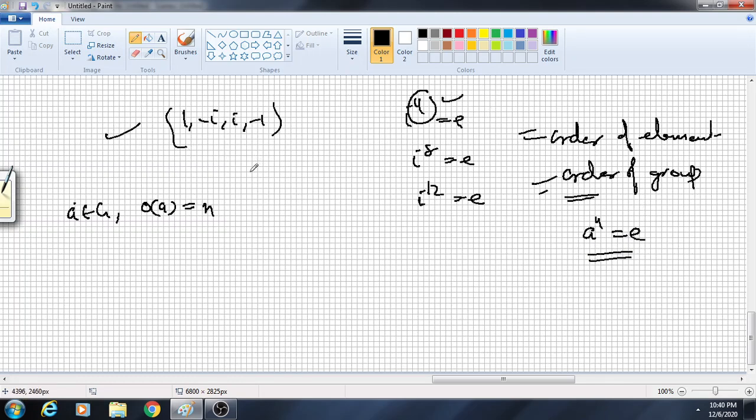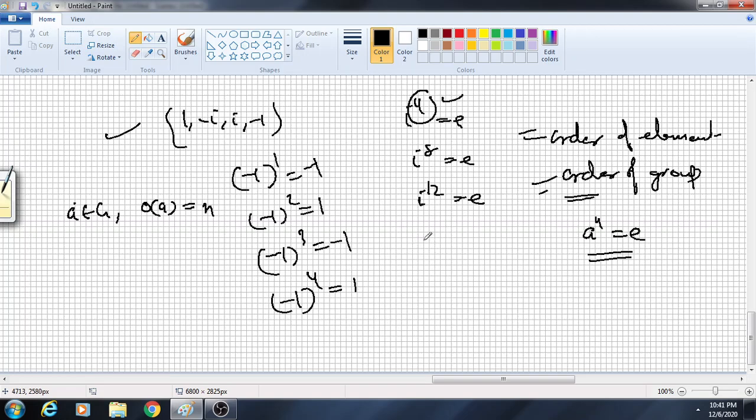In this set, here also we are going to introduce the concept of the order of an element. When I consider minus 1, minus 1 raised to 1 is minus 1, minus 1 raised to 2 is 1, minus 1 cube is minus 1, and this pattern will continue like this. Minus 1 raised to 4 is equal to 1.